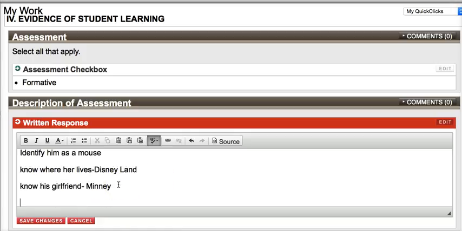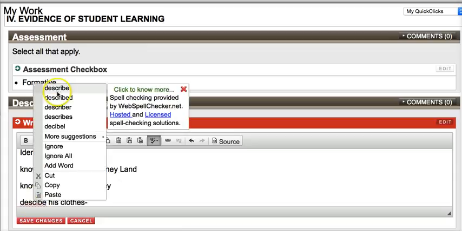And they should be able to describe his clothes. In this case, he's wearing a sailor suit.